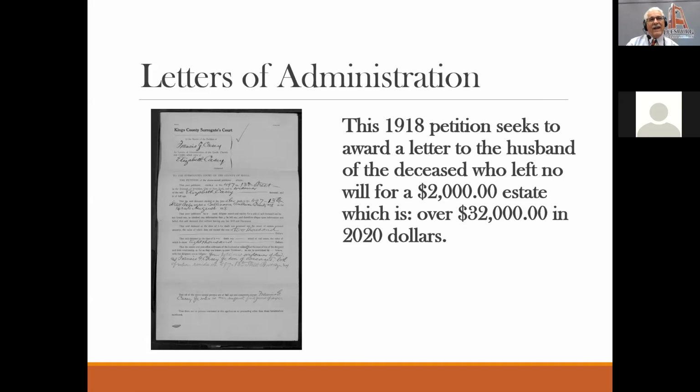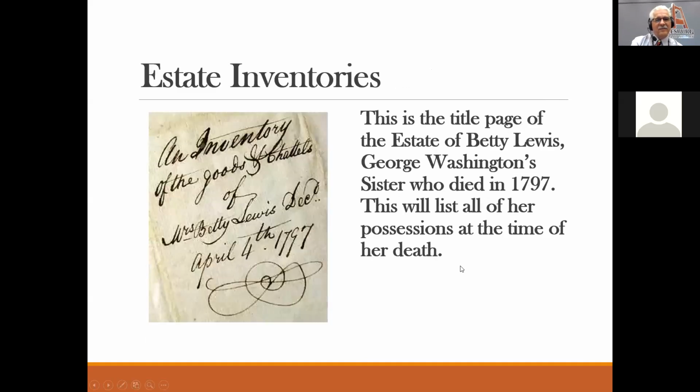So I had to fill out paperwork and finally get a letter of administration to make me the administrator of what was left of her estate. In this case, he was trying to get a $2,000 estate, which today is over $32,000. So it was definitely worth going for 100 years ago.